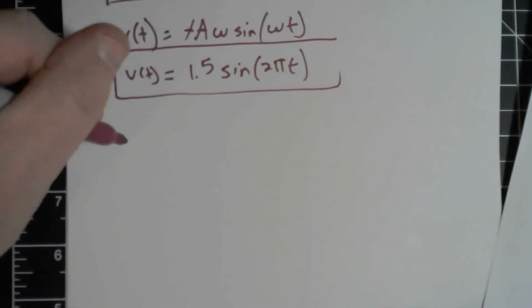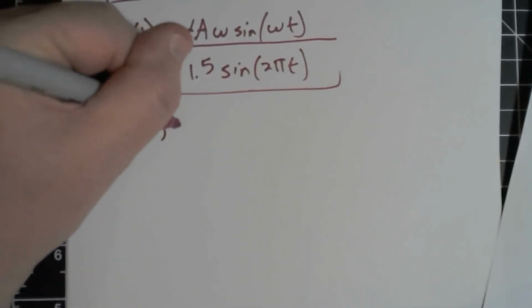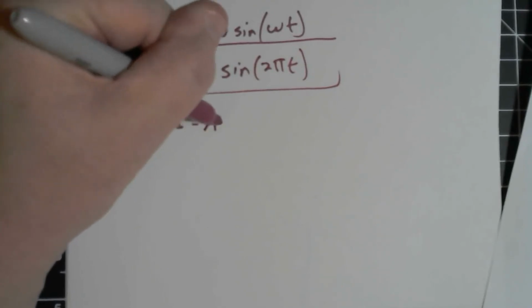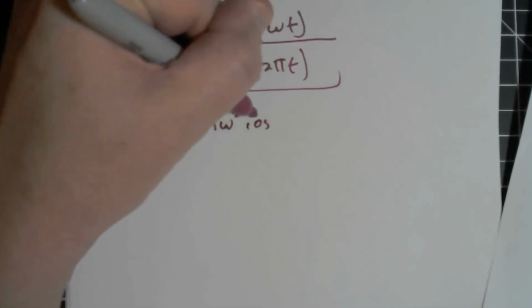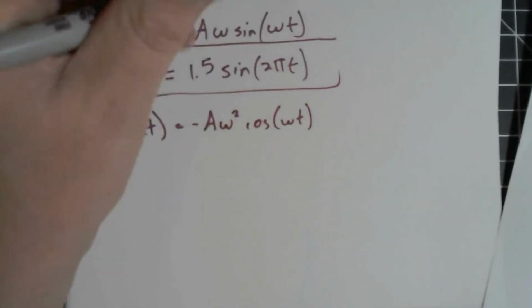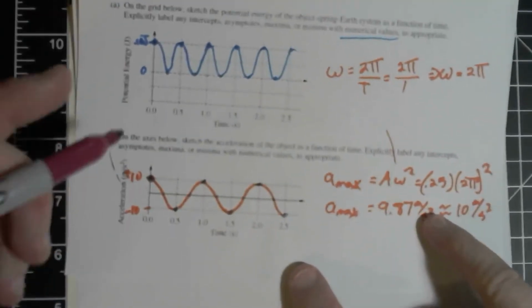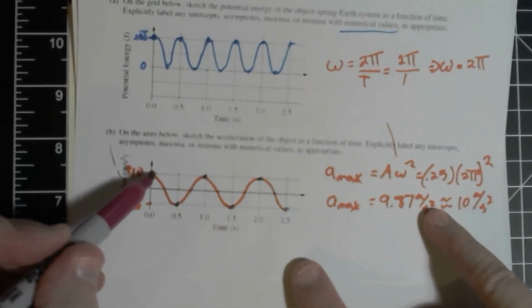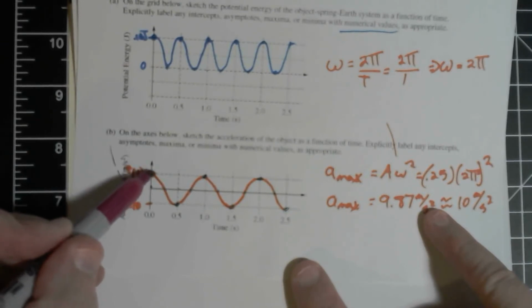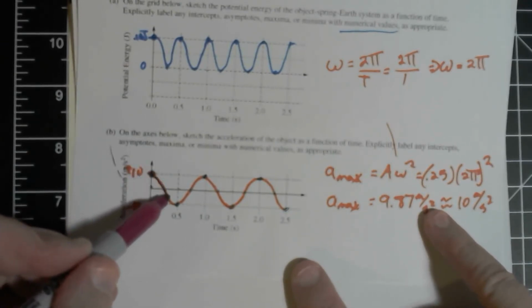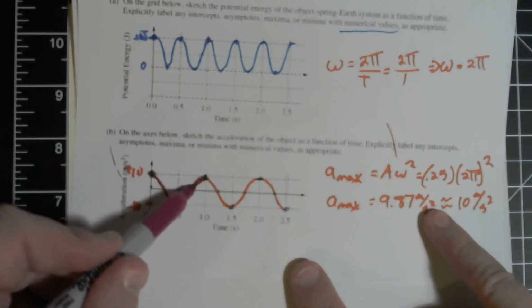And then lastly, our acceleration function, which is typically negative A omega squared cosine omega t. Well, if you look at your acceleration graph, you'll see that it does start above the axis. It starts in a positive position, so this is your typical cosine shape right here.